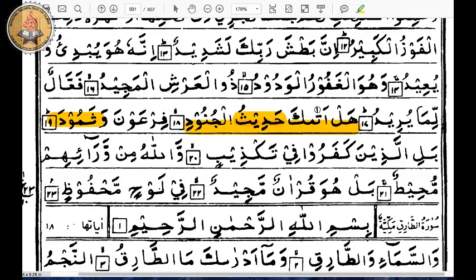Hal ataka hadithul junud. Okay, just in the middle over here, it's not actually a meem, it's just the ta joined to the kaf. It's just the way that you join it. So it's hal ataka hadithul junud.